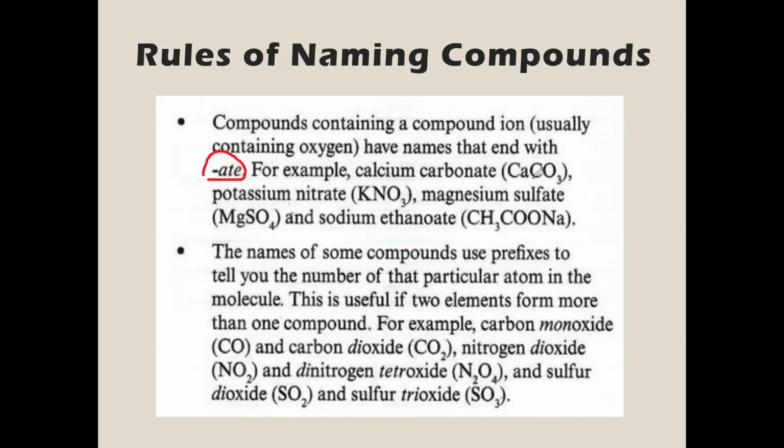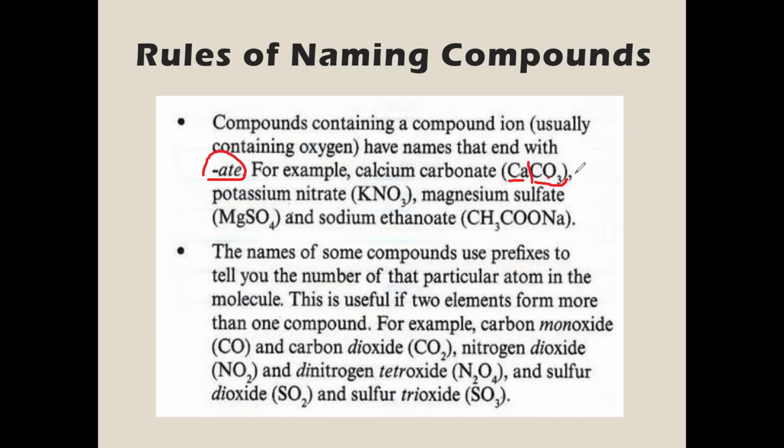So here we have calcium and a compound ion. This compound ion is called carbonate. Ate is the suffix we add when we see oxygen in the compound ion. And calcium is a metal, so that's why we start with calcium carbonate.